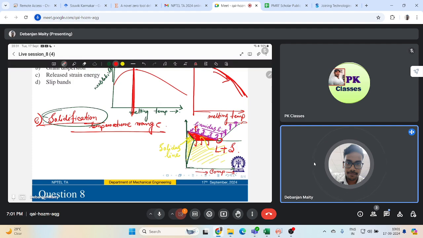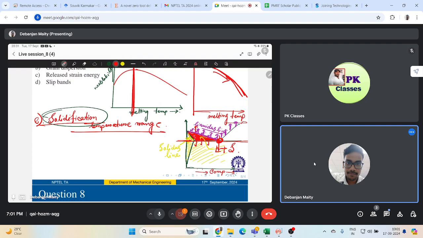What is this red dotted point called? Let's say you have some liquid over here, and at a single temperature you transform your liquid to solids.